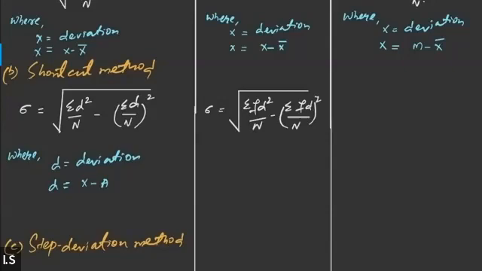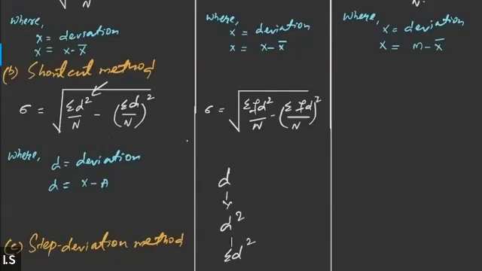Yes, sir. But where it says sigma d square, is it sigma d square or the whole square? Sigma d upon n means it will be the whole square of that. Okay. So basically here we will have to calculate d first, then we will square all the d, and then we will total it. So it will become sigma d square.